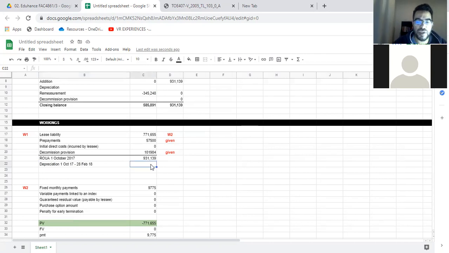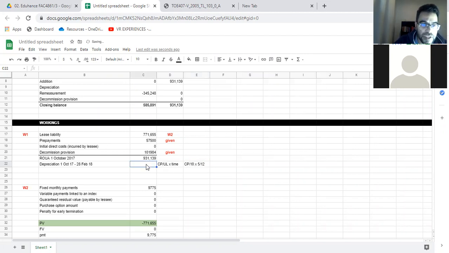So all I can do is the following. It is basically going to be cost price divided by useful life multiplied by time. So basically it is cost price divided by useful life of 10 years multiplied by 5 divided by 12.